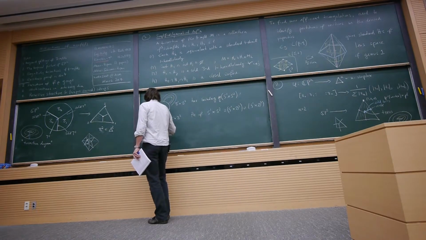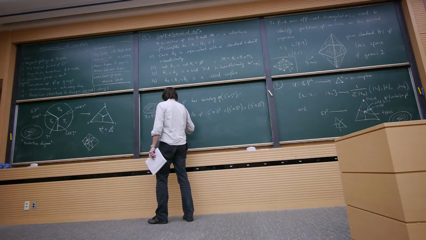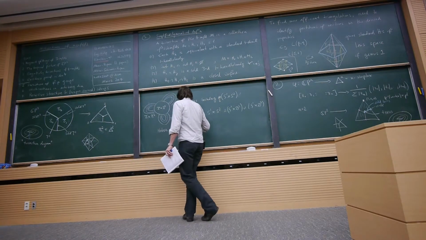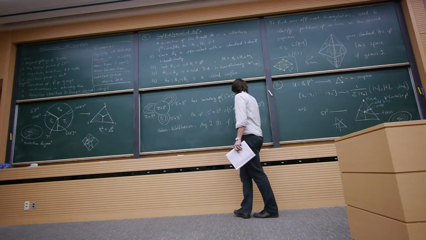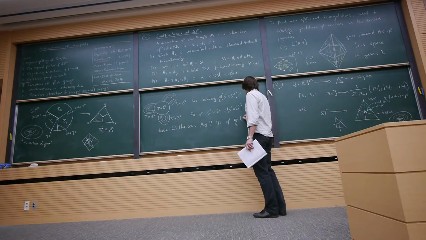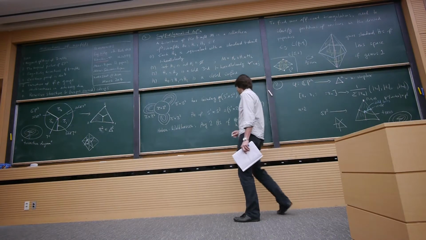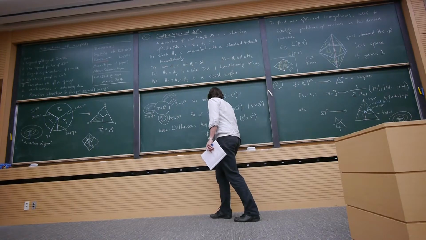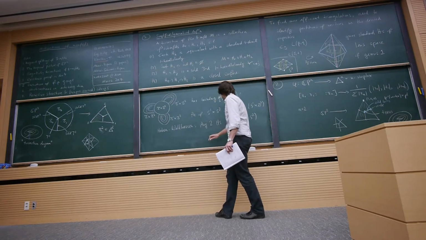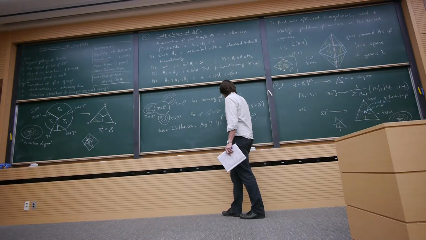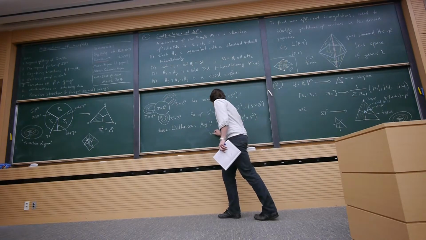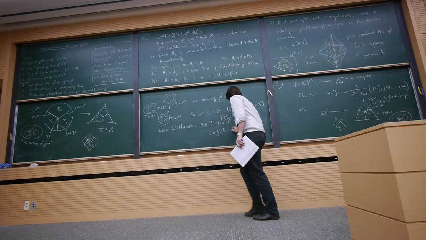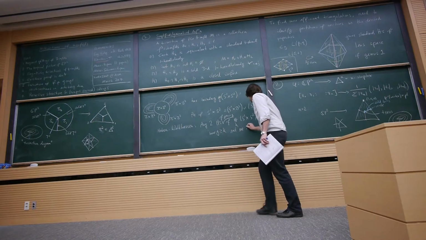So Haken and Waldhausen tell you that any 2 Heegaard splittings of the connect sum of K copies of S1 times S2 of the same genus, let's put it this way, any 2 Heegaard splittings of genus G of this guy, with G greater than or equal to K, are isotopic.